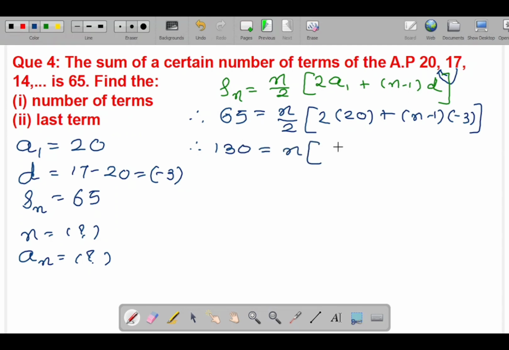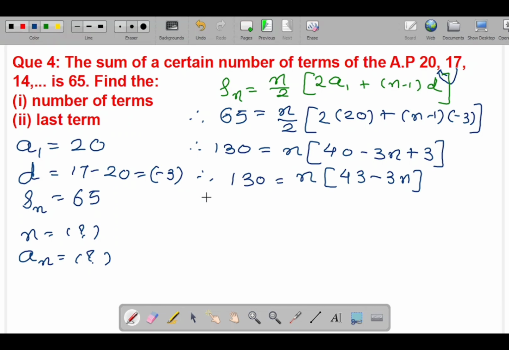n into 40 plus, now if you multiply this, let me put directly minus 3n plus 3. So ultimately we will have 130 equals n into 43 plus minus 3n.